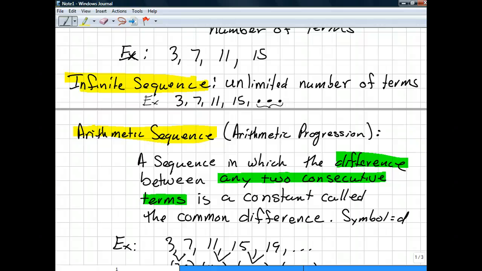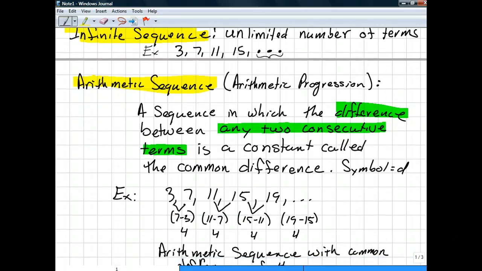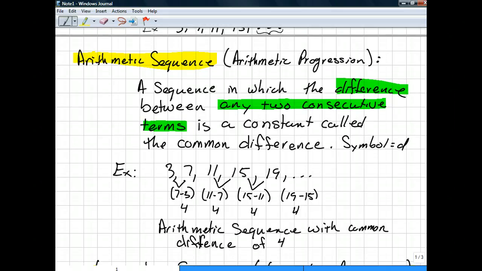Now we have two specific types of sequences that we want to talk about. The first one is an arithmetic sequence, or in some books it's called an arithmetic progression. And that is a sequence in which the difference between any two consecutive terms is a constant called the common difference.